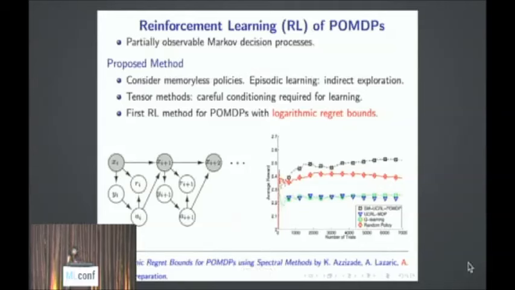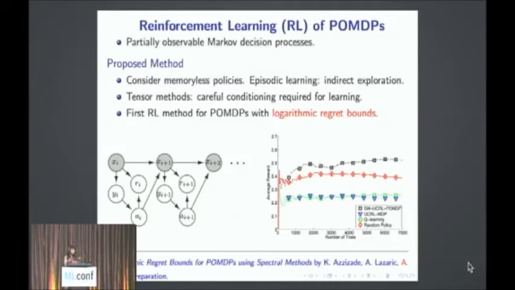Another framework which we've been recently investigating is reinforcement learning. This is the challenging problem where you don't know the environment you're trying to learn, and at the same time, you're trying to get to some objective. It could be like a robot going through an unknown environment. And these models are notoriously hard to train.